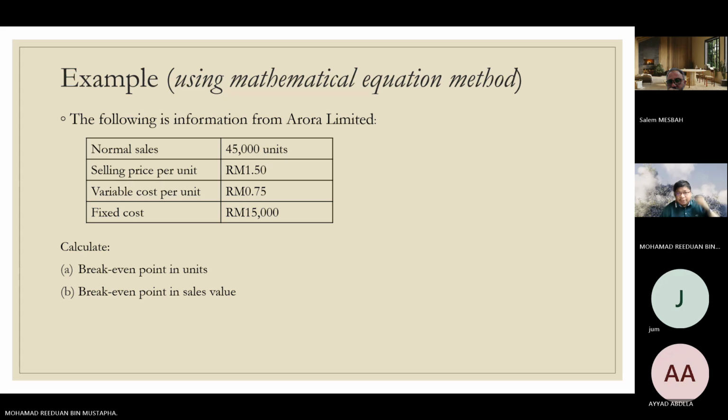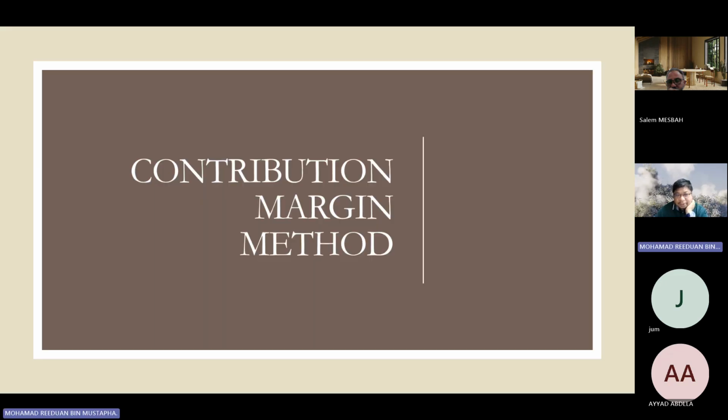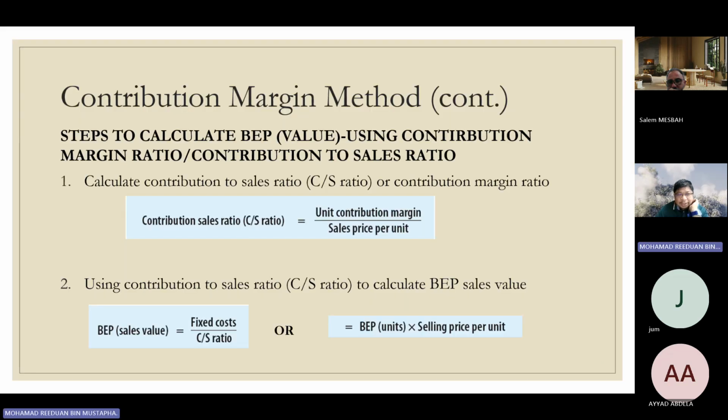Okay, so now it goes to the contribution margin method. This contribution margin method is actually a step to calculate the break-even point value using the contribution margin or the contribution to the sales ratio. They use the same formula as well. They calculate the contribution sales ratio and the contribution margin ratio.